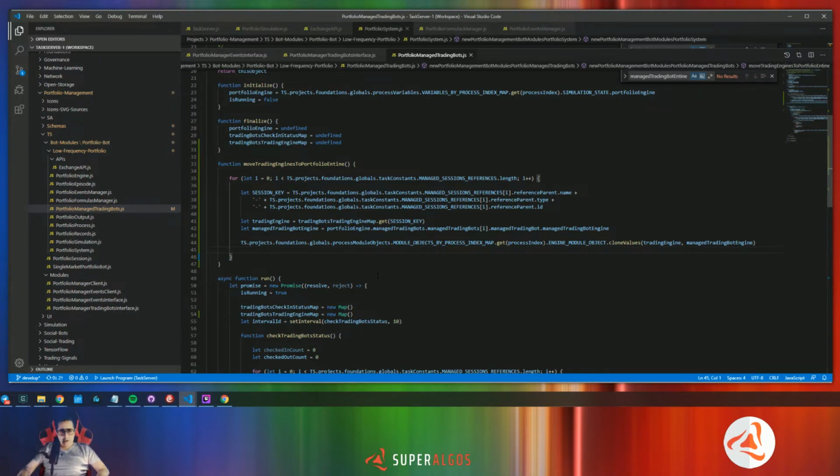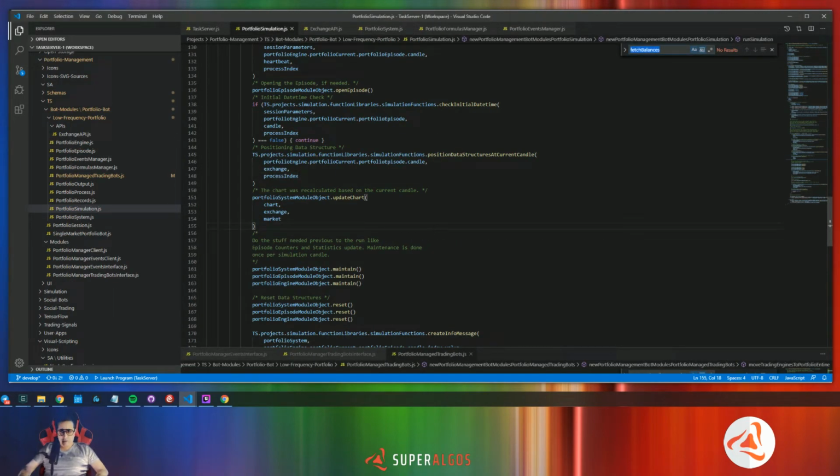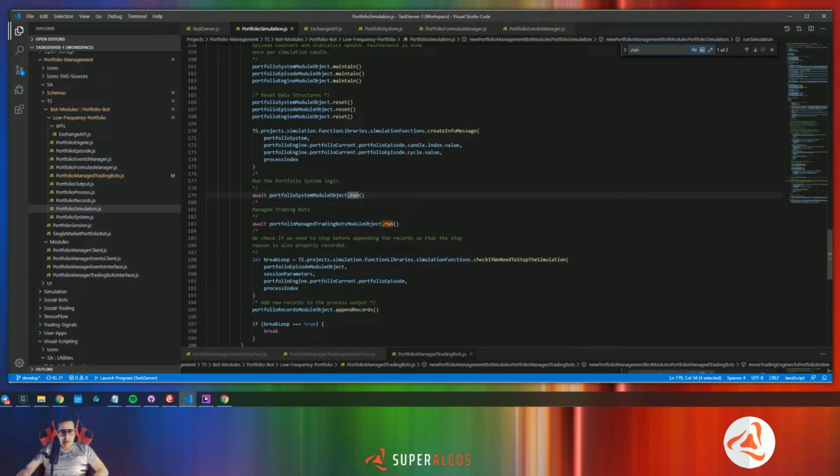So this portfolio bot is run from the trading simulation, okay? And from the portfolio simulation. If we search for run, you will see that first we run this.